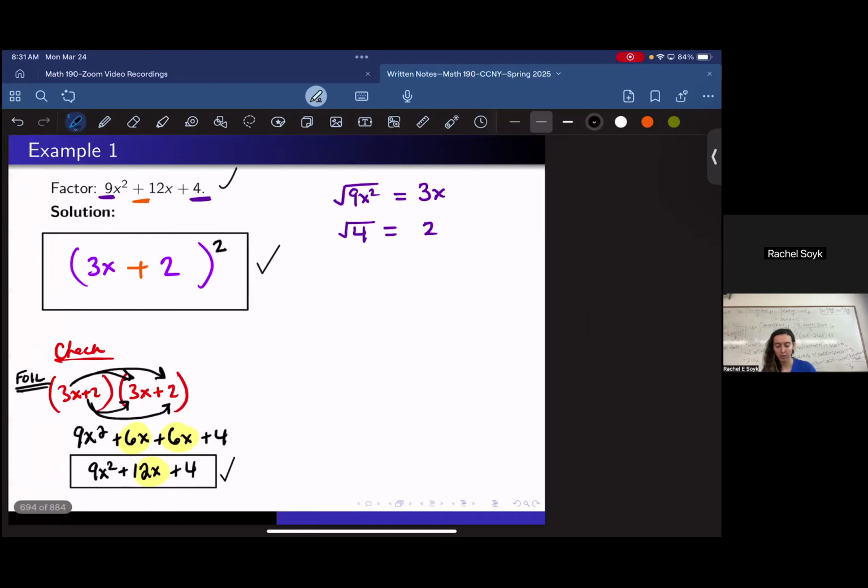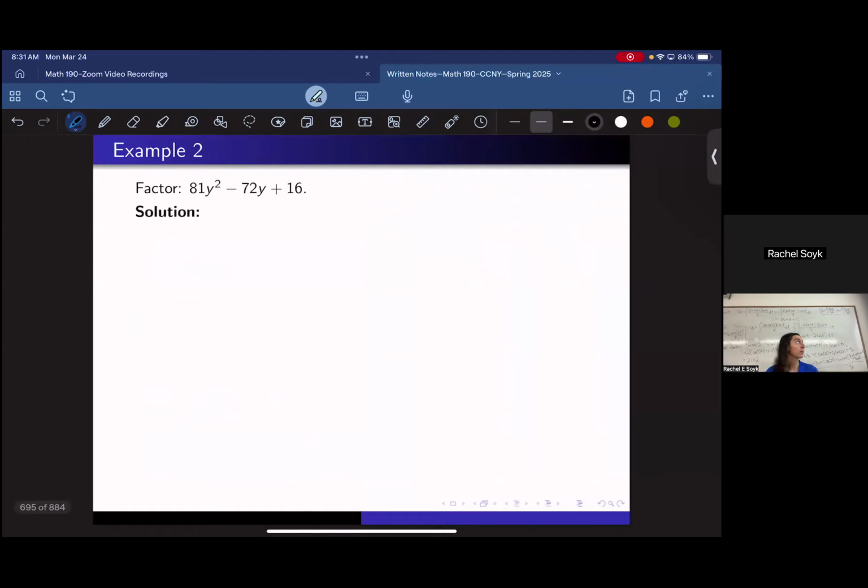So let's move on to another example. In this case, what do you notice about that middle term? It's no longer positive, it's negative. So when we factor, there's going to be a minus sign between those terms. Now let's highlight that leading term of 81y squared. When we take the square root of that, what do we get?